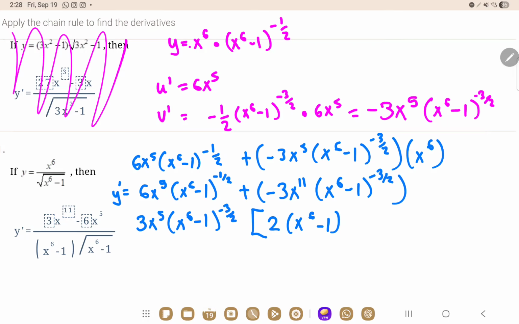It's because negative half minus negative 3 over 2 is exponent 1. That's why we factored it out.